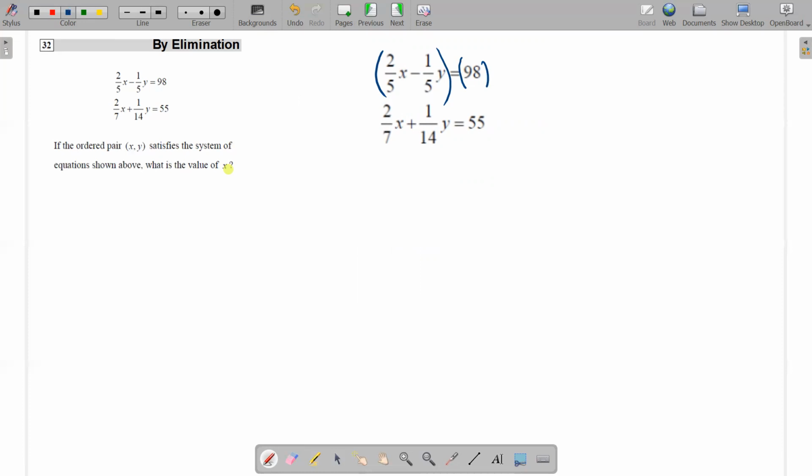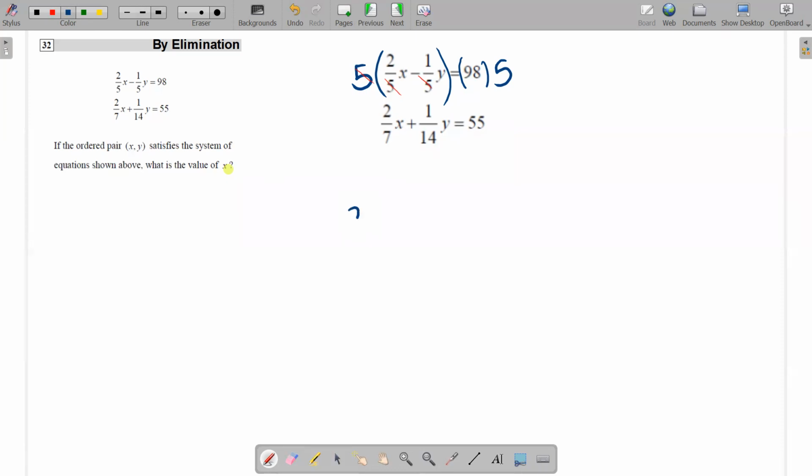Both fractions have 5 as a denominator, so it's going to be 5. And I'm going to multiply both sides by 5. If I multiply an equation on both sides by the same value, the equation stays the same. But by doing that, now I'm eliminating the fraction here, and now my new equation will look like this.